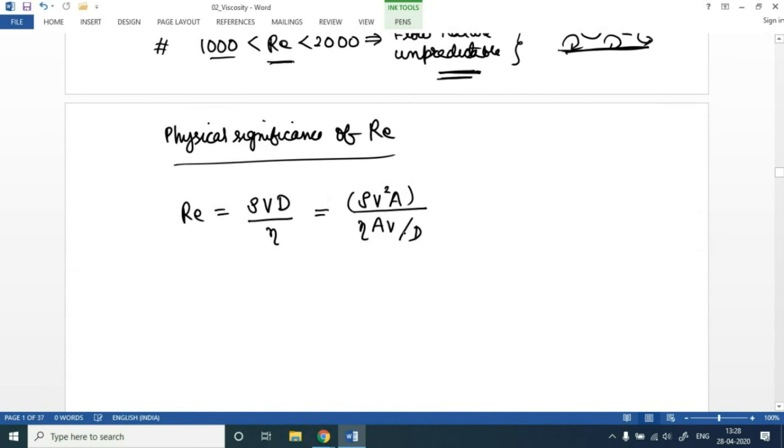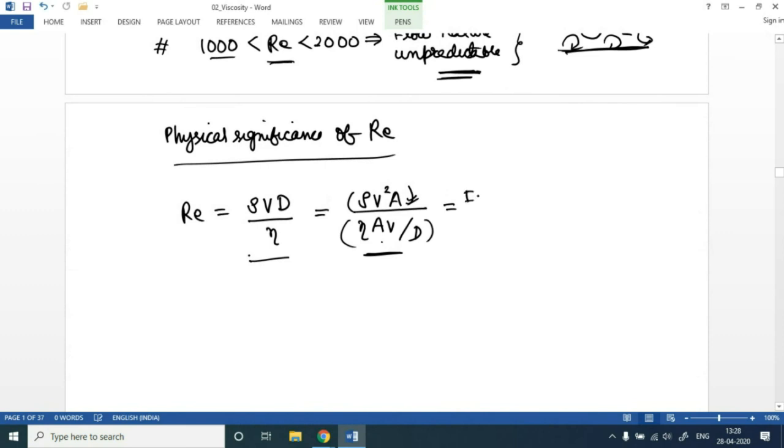Now please look at this expression and the earlier expression; they are essentially the same, but we have rearranged it in this form because in the numerator, rho V squared A is the thrust force exerted by the incoming or outgoing liquid.